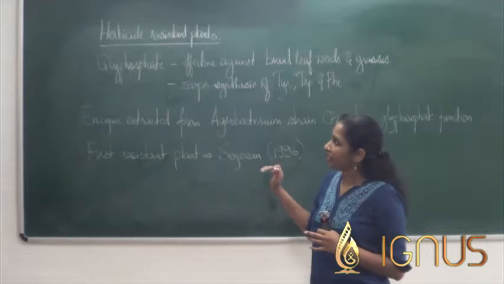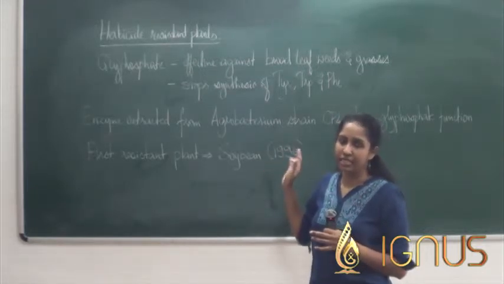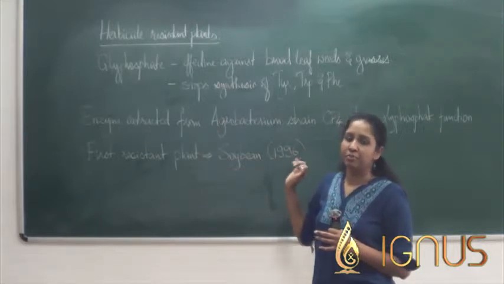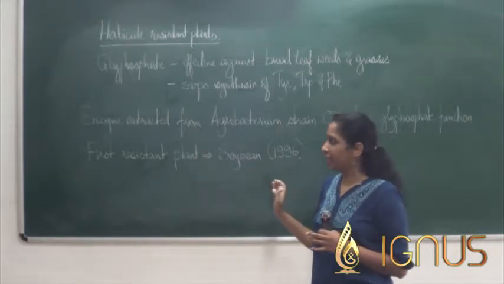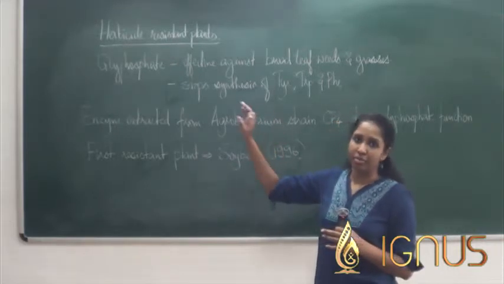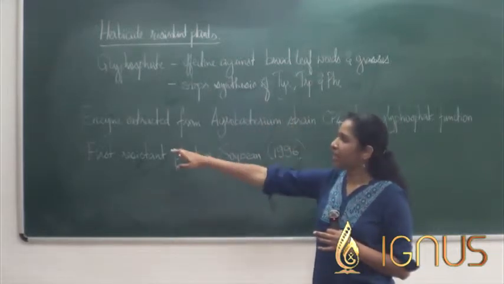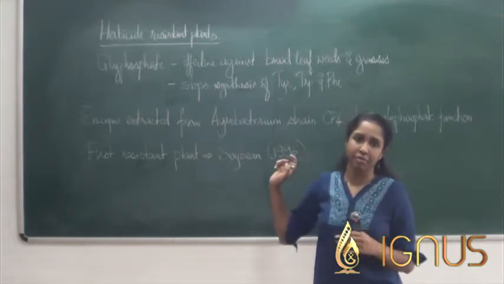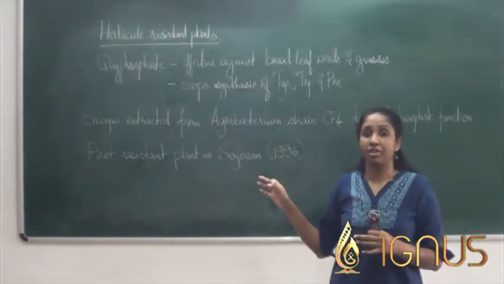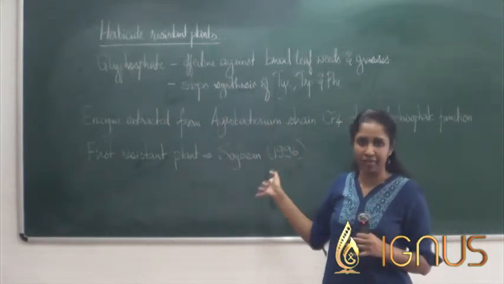So to recap, glyphosate is effective against broadleaf weeds and grasses. It stops protein synthesis by stopping the synthesis of three amino acids, tyrosine, tryptophan and phenylalanine. Now, a herbicide-resistant transgenic plant was created by extracting an enzyme from Agrobacterium strain CP4, and this stops the function of glyphosate in those plants which have this enzyme.